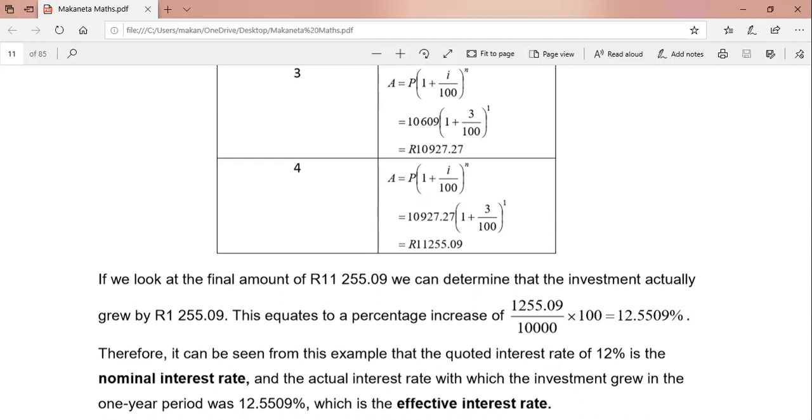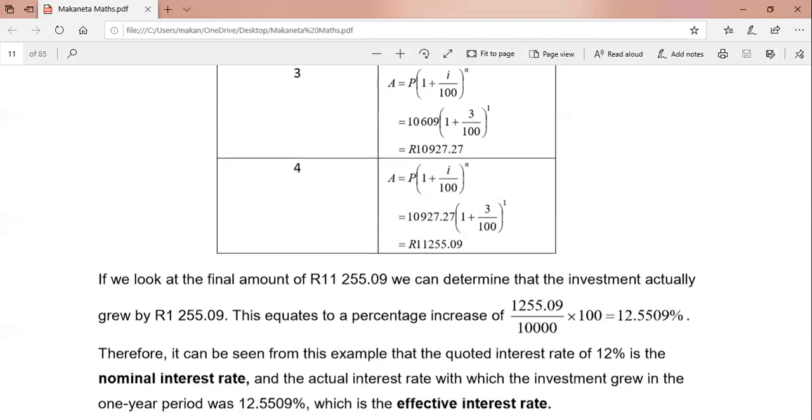So in short, simply put, to calculate your effective rate of interest, you take A, you subtract P, divide everything by P, and then multiply the answer by 100. And that is how the effective interest rate is calculated.